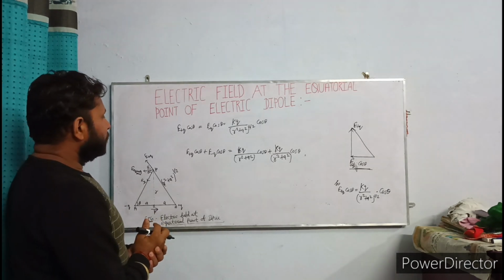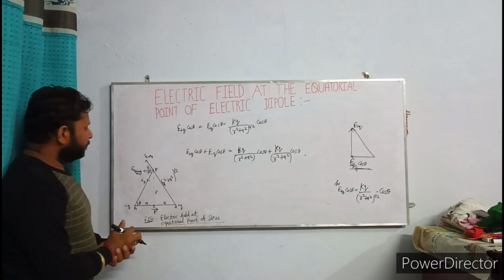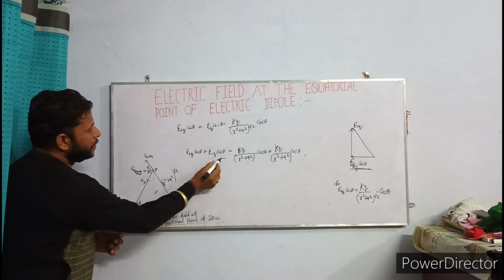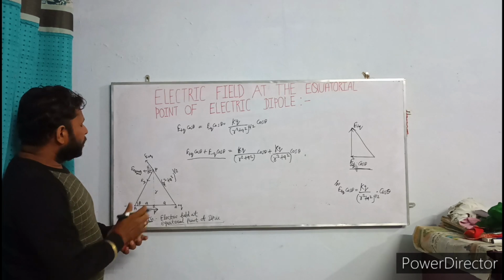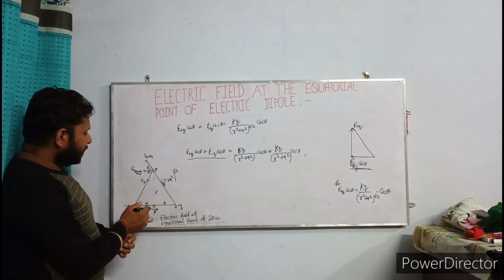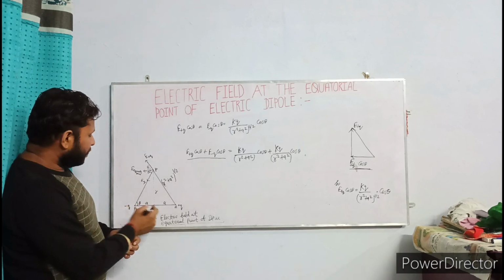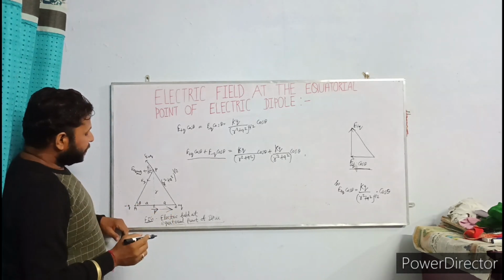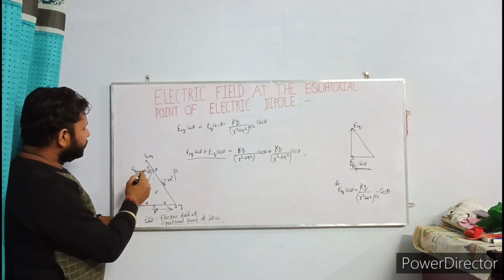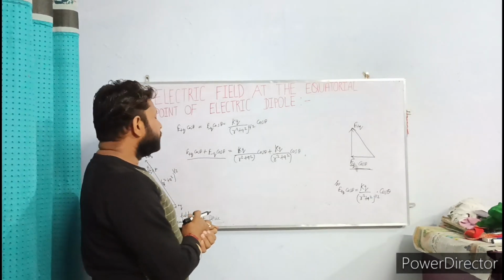Okay, students. Here we can see that this value is equivalent to the resultant of E equatorial. We have clearly seen that the direction of the electric dipole moment is towards this side, and the direction of E equatorial is the opposite direction.